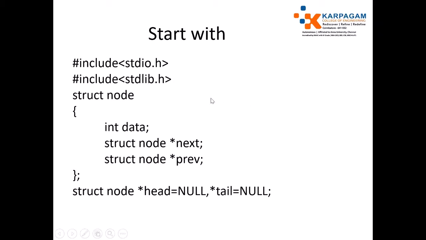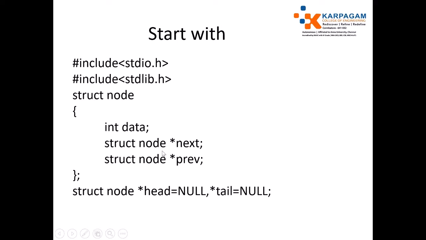By using a double linked list, we can move forward and backward easily. This is the data structure for implementing the double linked list concept. This is the header file inclusion. This is the data structure. Here, along with the next pointer, we have a previous pointer.